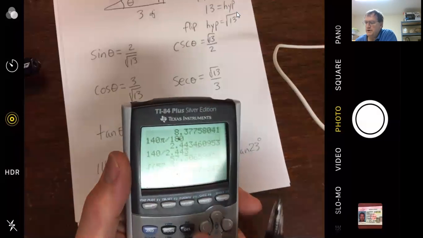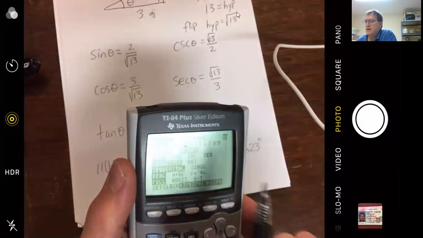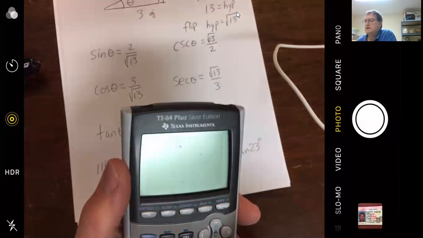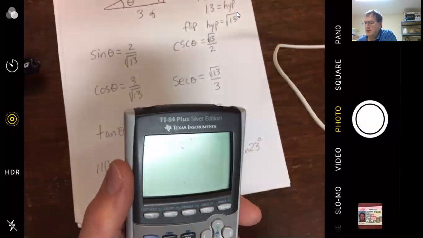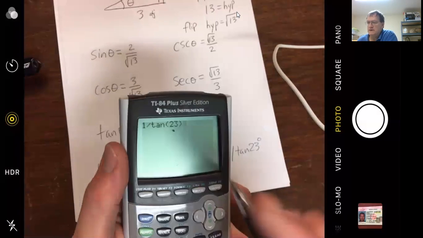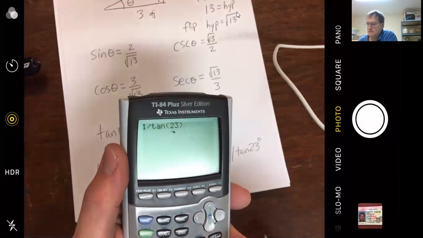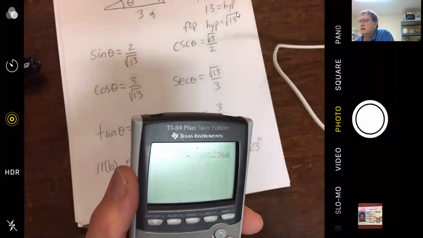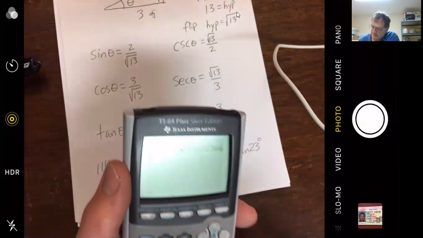All right, let's see if we're in degree mode. We are. 1 divided by tangent, 23. You don't punch degrees. If you're in degree mode, it takes the 23 to be degrees. 2.3556.